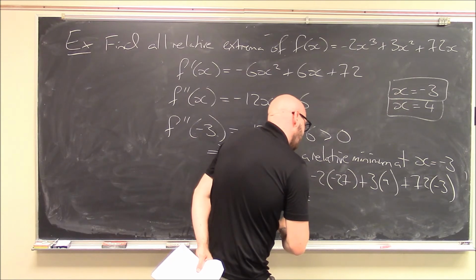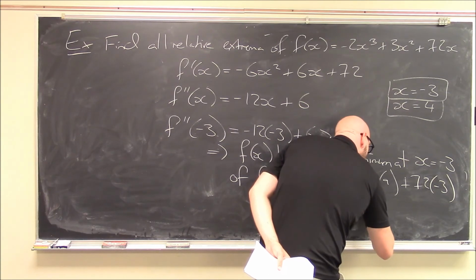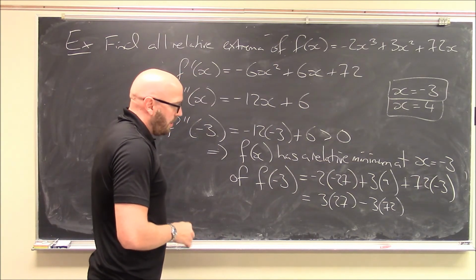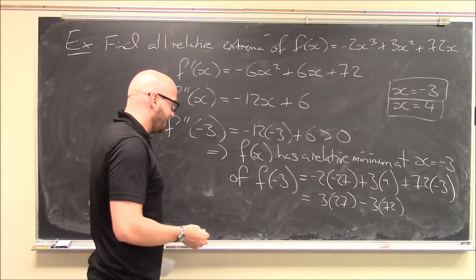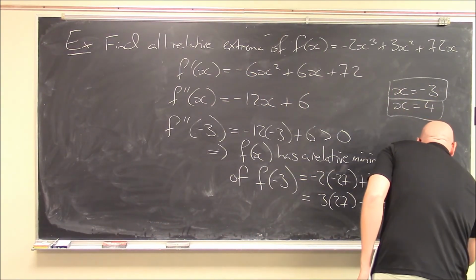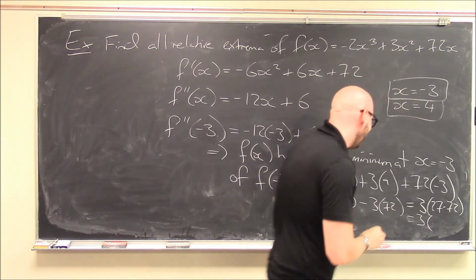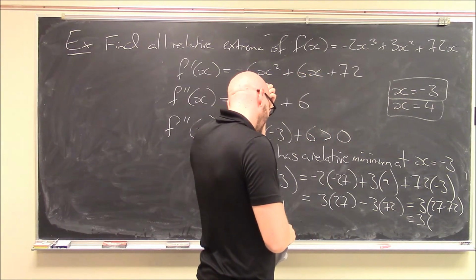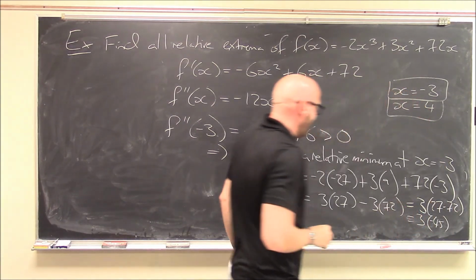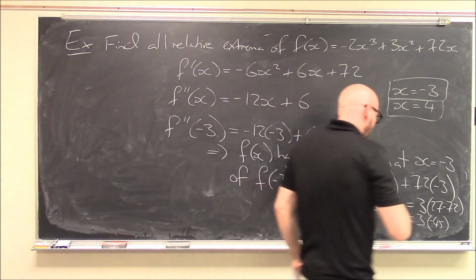This is 3 times 27 minus 3 times 72. Obviously you would just plug this into a calculator, right? But I don't have one, so I'm stuck doing this in my head. If I factor out a 3, that's 3 times 27 minus 72. That's 3 times minus 45. I think, assuming my arithmetic has been correct here, that is minus 135.